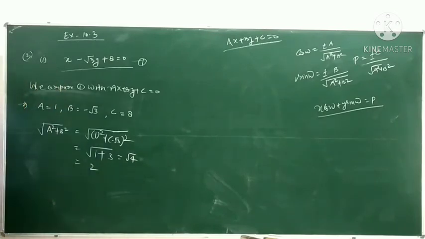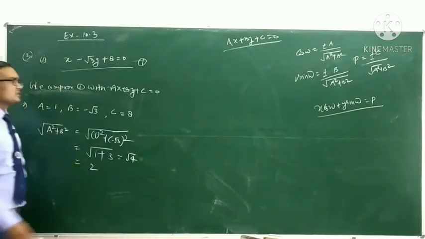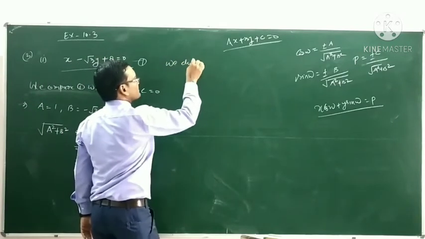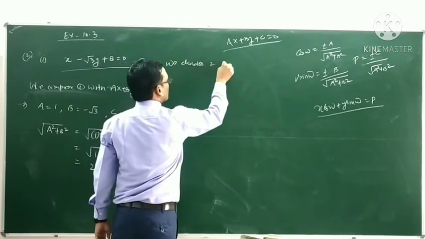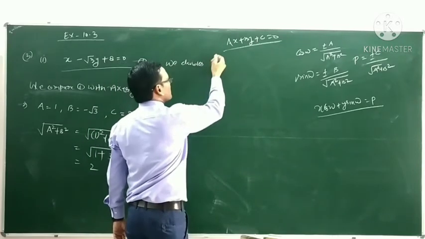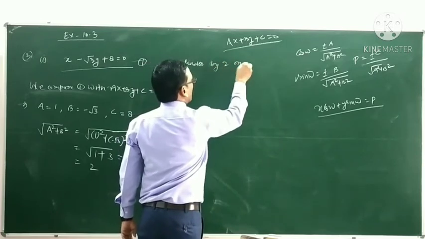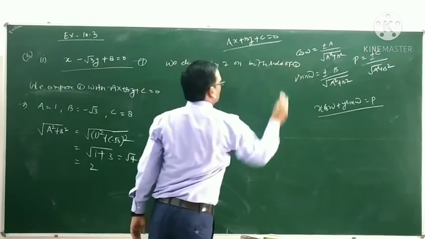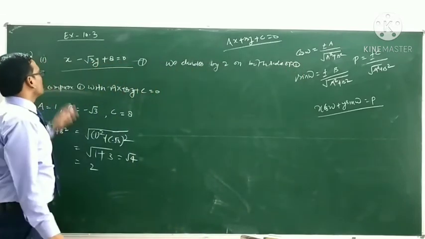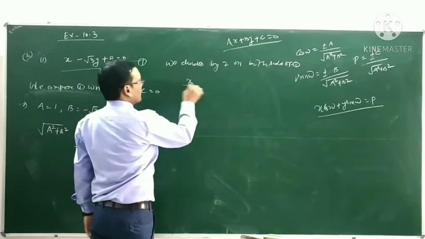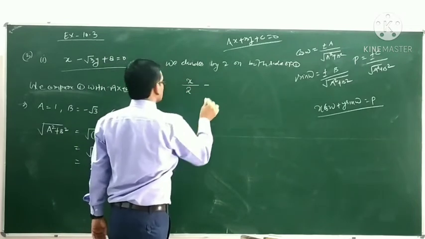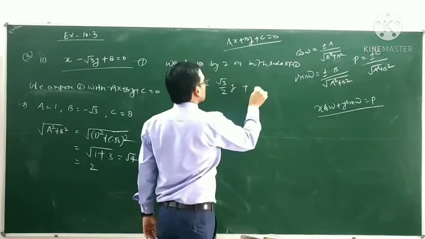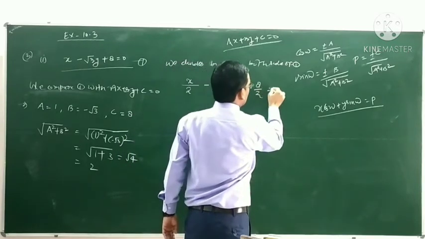Okay students, we divide by 2 on both sides of the equation. Here x upon 2 minus square root 3 by 2 y plus 8 by 2 is equal to 0.